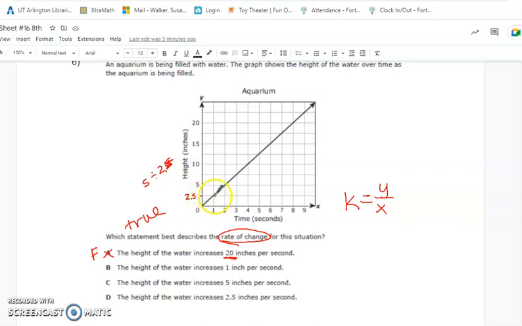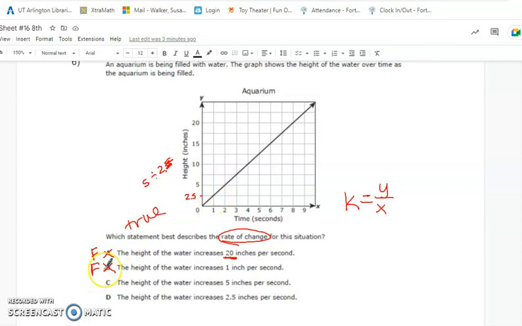But at 1, that looks like it's about 2.5, right? So at 1 second, the height of the water increases by 1 inch. So 1 inch would be about maybe right here. So that's not right. At 1, it's about 2.5. I hope y'all understand that.